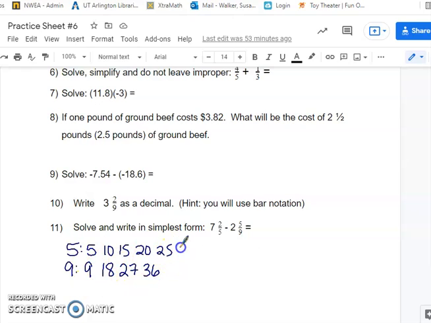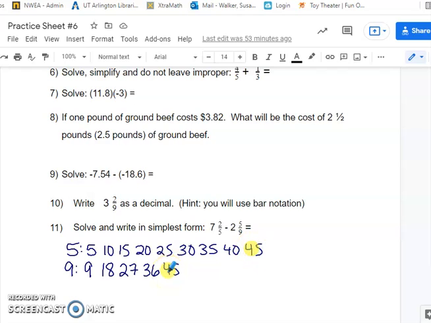Nothing yet. 30, 35, 40, 9, 18, 27, 36, 45. So I already know that's going to be it. 45. So 45 will be my denominator.